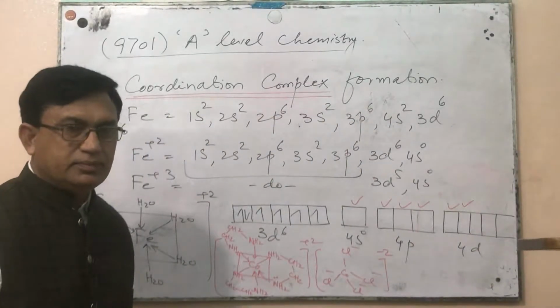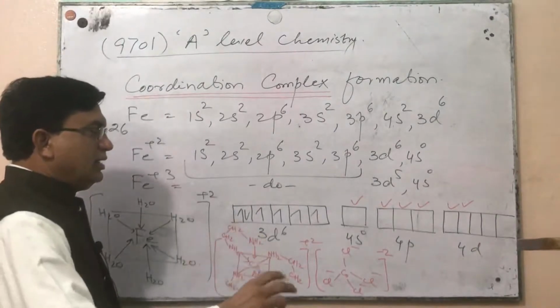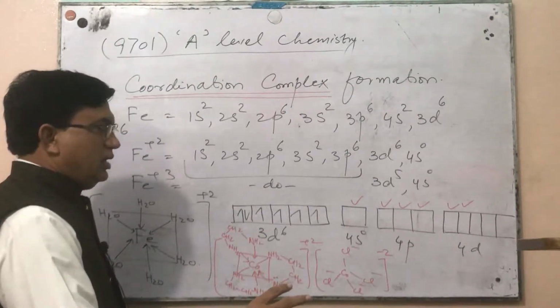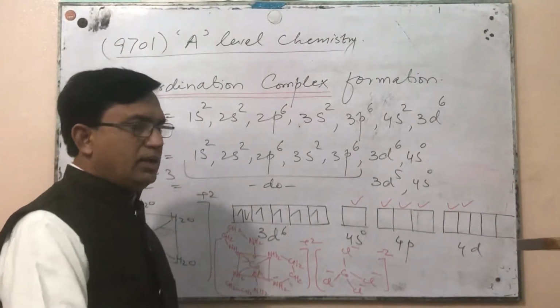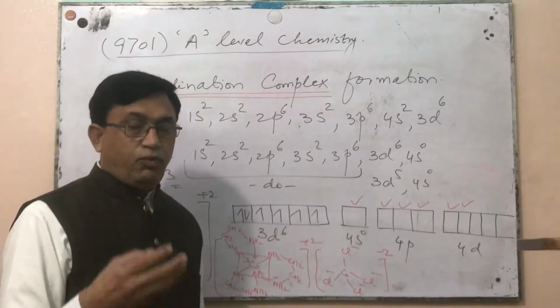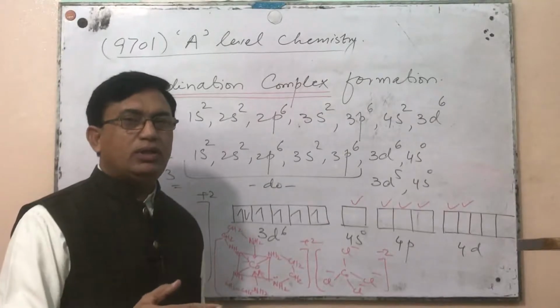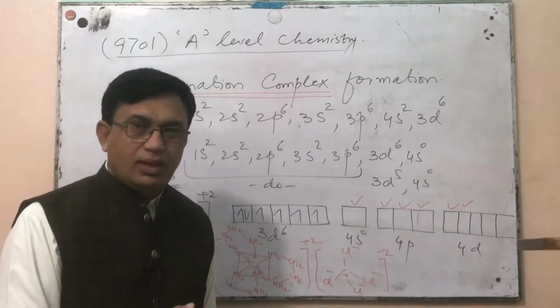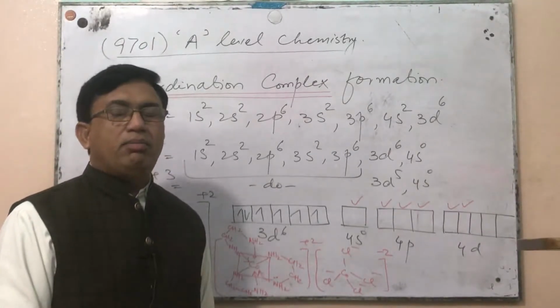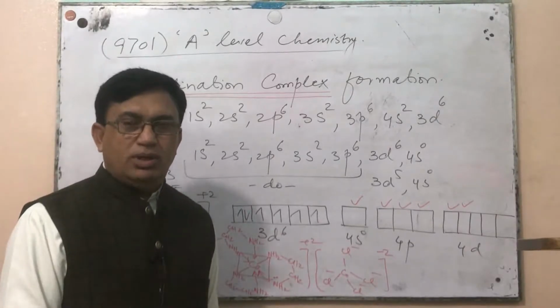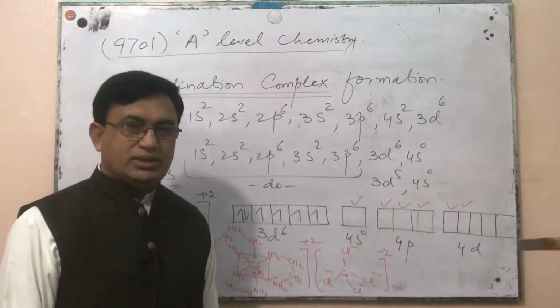Now, it is observed that transition metals forming 6 coordinate covalent bonds with the ligands form the most stable coordination complexes.